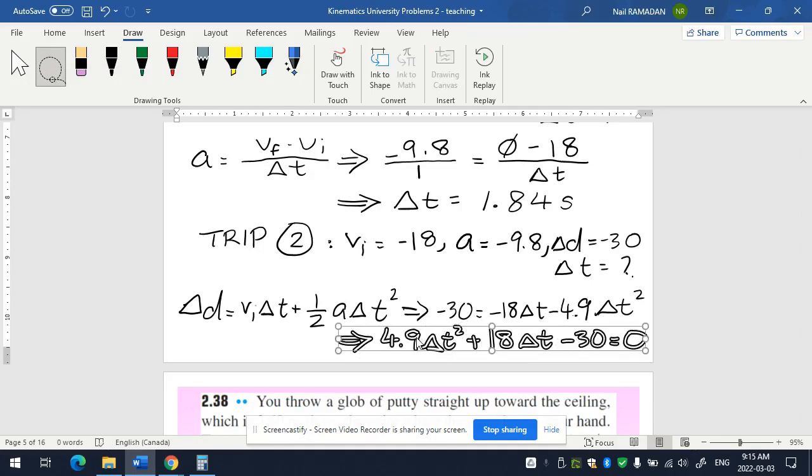Oh, it's minus 30 because all of them are minus here. It's minus 30 because it was going down against what we designated as positive. I'm just plugging in numbers here. I would rather move everything to the left, especially if it gains a plus.